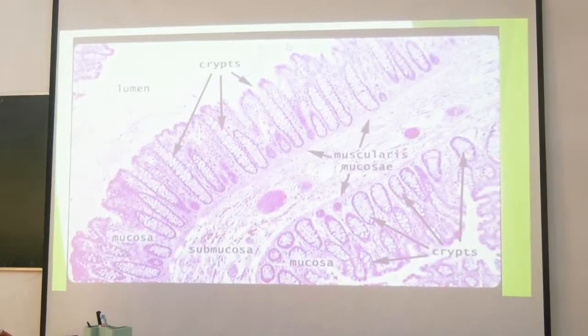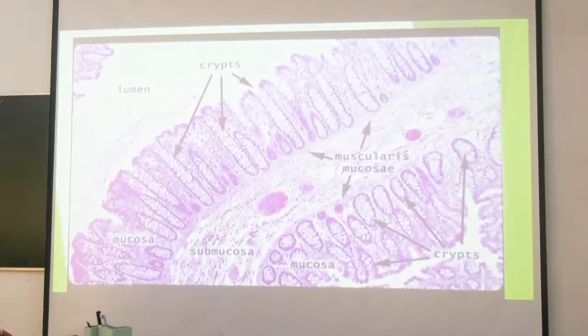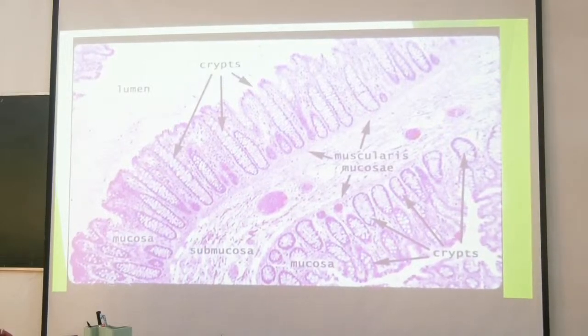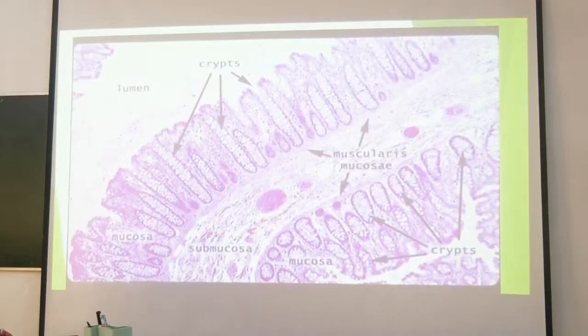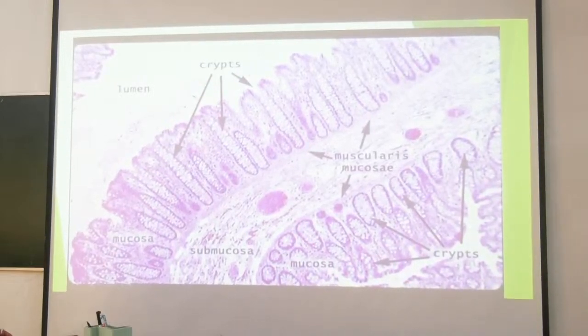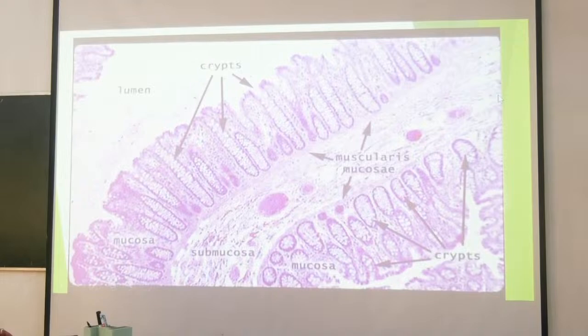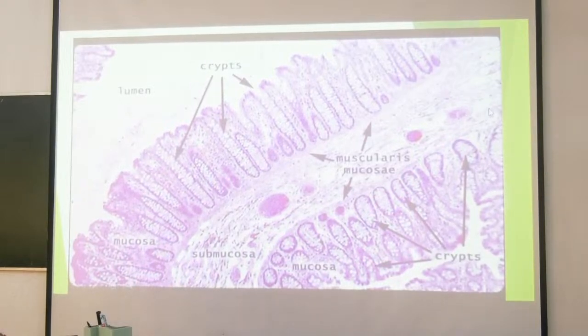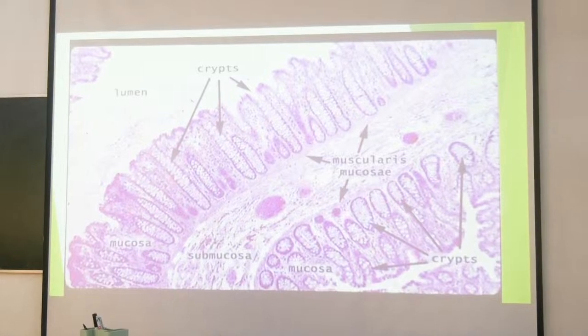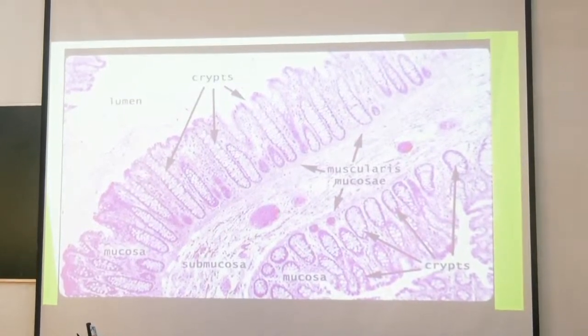Okay, so this structure and these structures are similar. Okay, both sides you are having this longitudinal gland. Okay, and inside this one, in the submucosa, you are having these lymphatic follicles. Okay, so this is the slide for large intestine. Okay, so just go and see the appendix and the large intestine. Okay, so that's all.